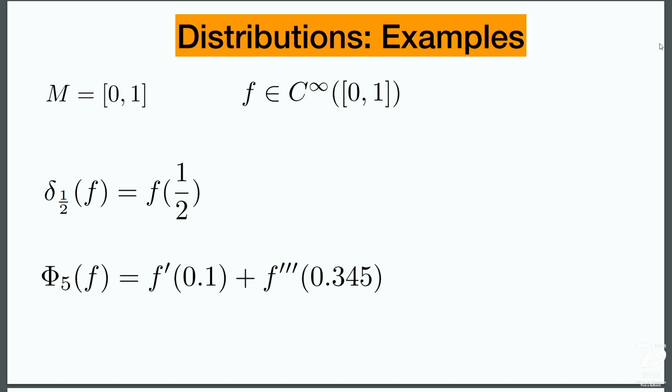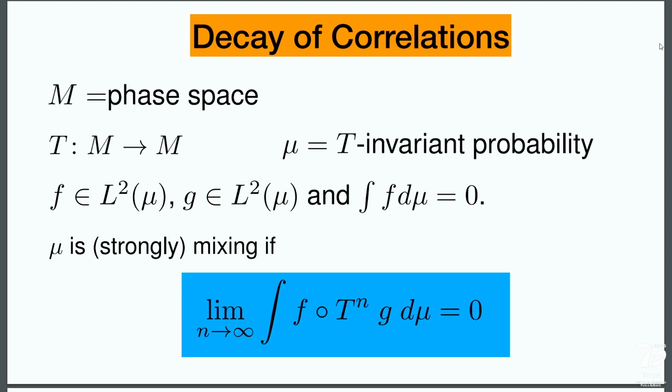Okay. So if you have a dynamical system with an invariant measure, suppose that it is strongly mixing. That means that this limit is 0. This means basically that events that are distant in the future from the present are almost independent of events in the present.